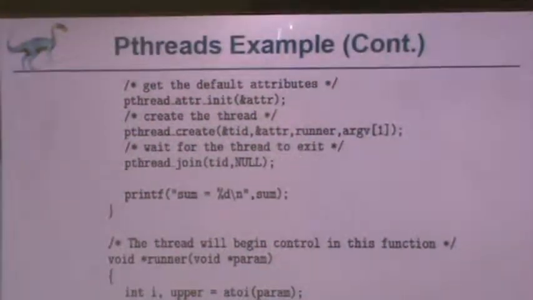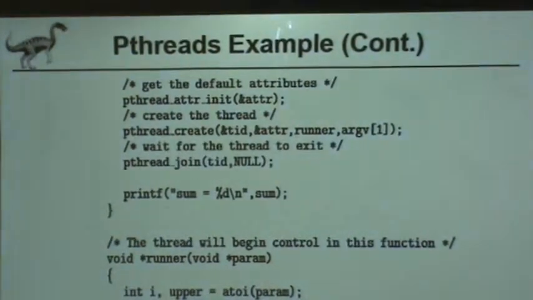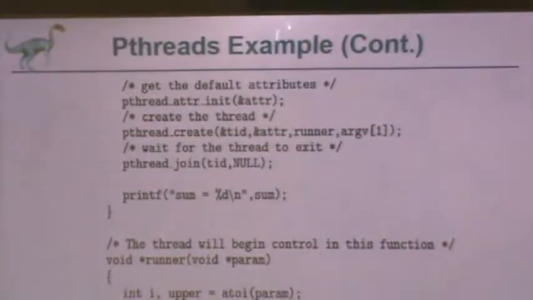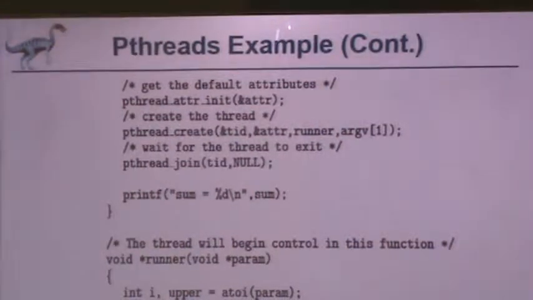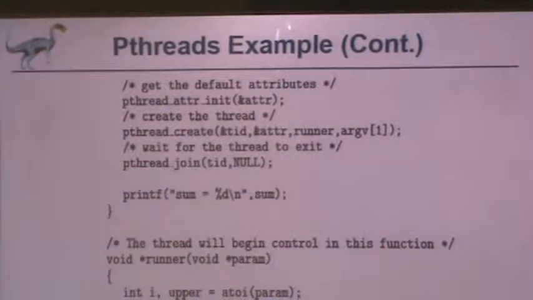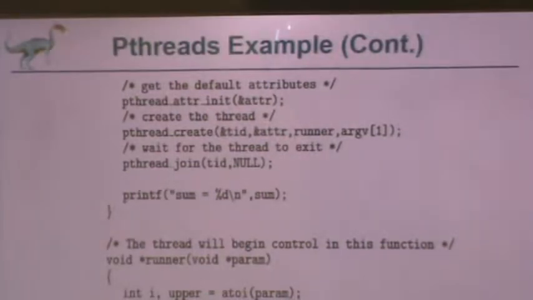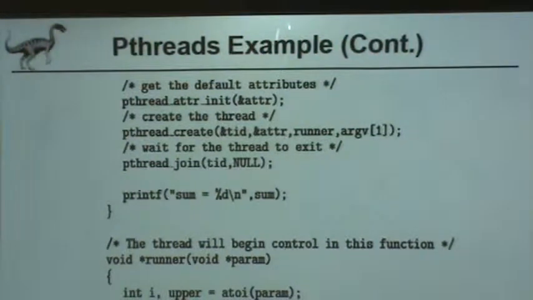So in Pthreads, there's a synchronization problem. If you create a child pthread, the parent thread has to wait for the child thread to be done. After that, the child thread gives the parent thread a signal.